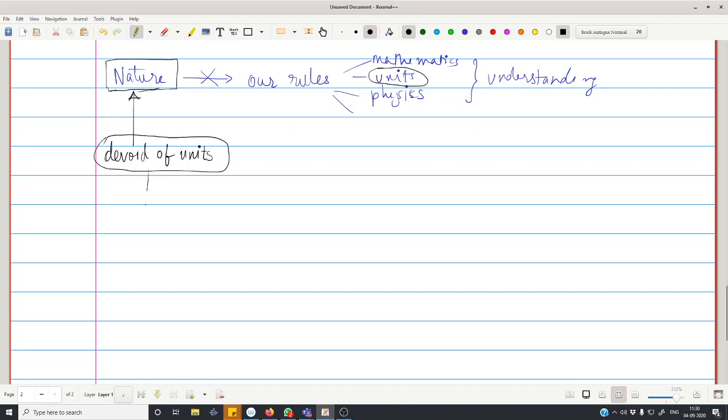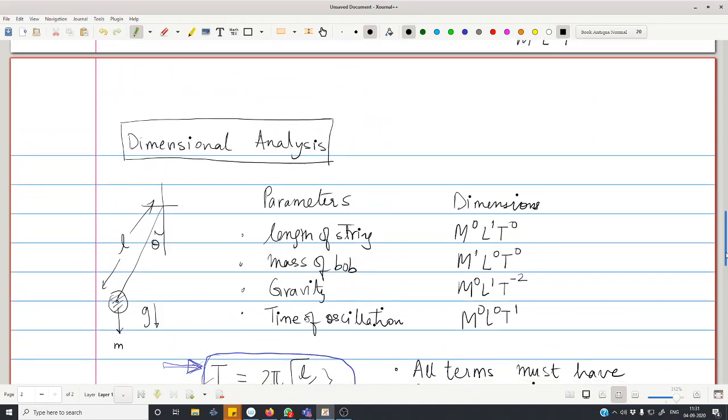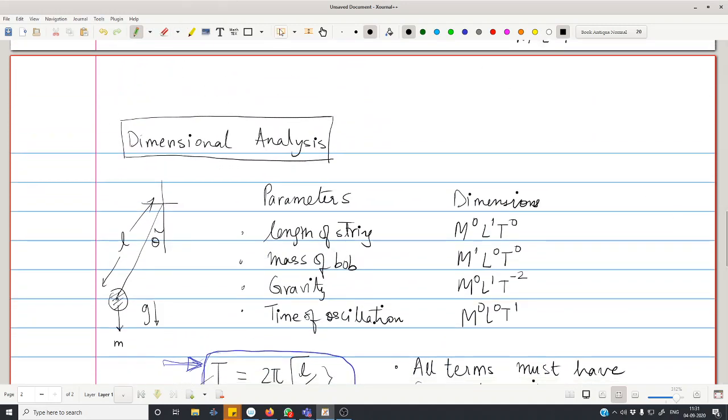That means we must have some expression to express the physical process which should have no dimension. Let us go back to our example and let me copy paste all of this.